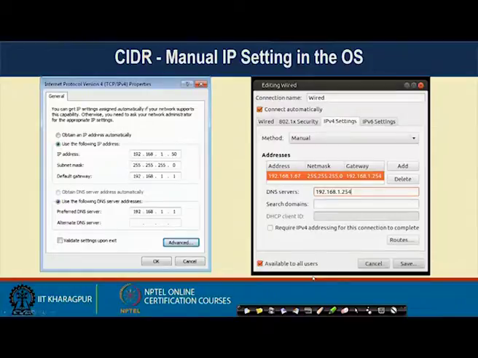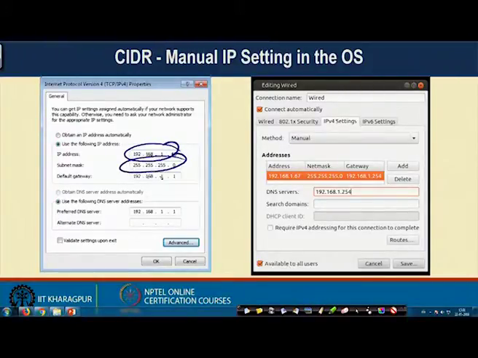Okay. So, in case of CIDR, if you have done manual IP setting in different operating systems, you have to provide the IP address and the corresponding subnet mask, and you will see that here the subnet mask is 255.255.255.0. That means the first 24 bits are the subnet IP and the remaining 8 bits are used to denote the host address.